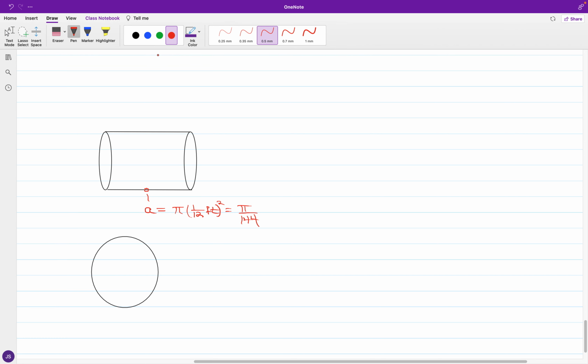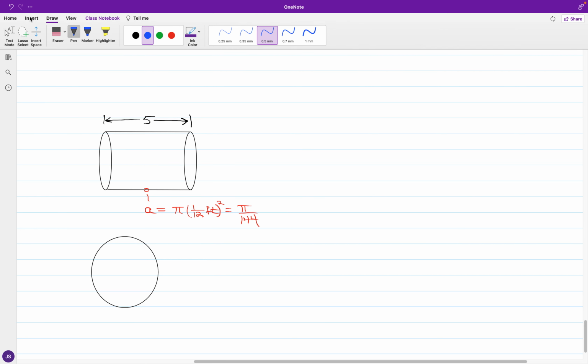Now for the tank, from end to end, you have 5 feet, and the radius of the tank is 3 feet.